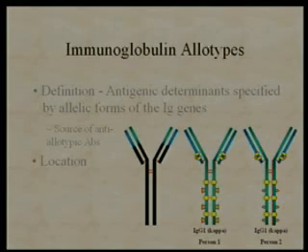Again, there's no reason why that has to be the case. For example, in rabbits, there are variable chain allotypes. So it's possible. But for some reason, all the known allotypes in humans, and that doesn't mean there aren't some unknown ones, are located in the constant region of the heavy or the constant region of the light chain.